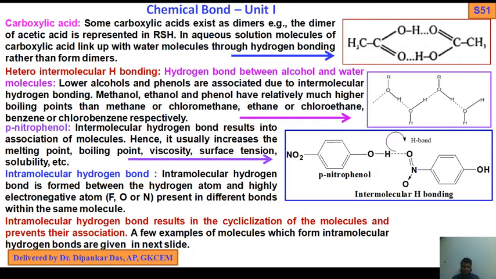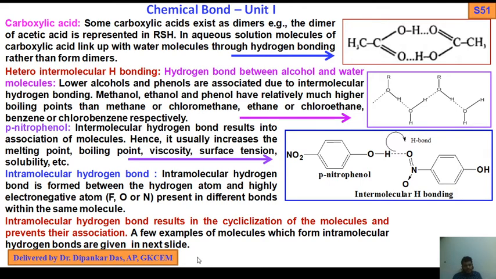Intramolecular hydrogen bonding results in cyclization of the molecule, a five-membered or six-membered ring, and prevents their association. A few examples of molecules which form intramolecular hydrogen bonds are given in the next slide.